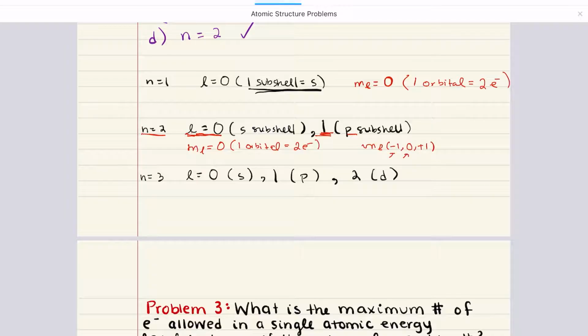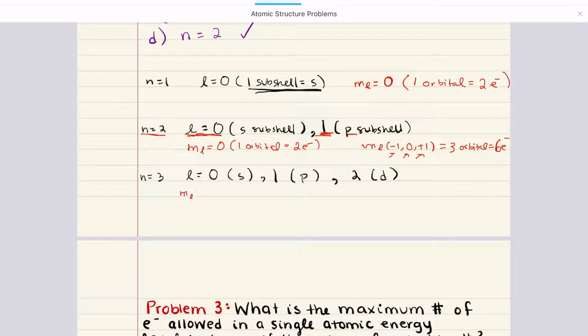That is 3 different orientations that ML is telling us. That means in that p subshell, we have 3 orbitals, each of which can house 2 electrons for a total of 6 electrons here.